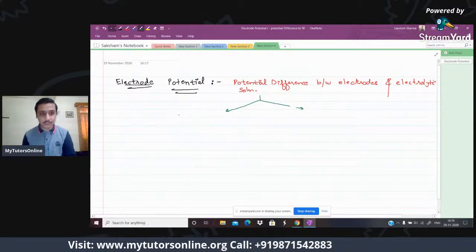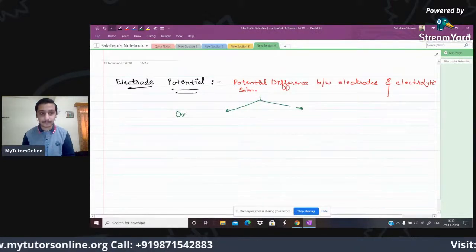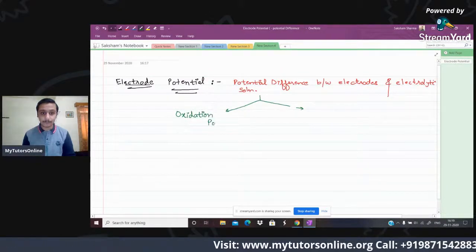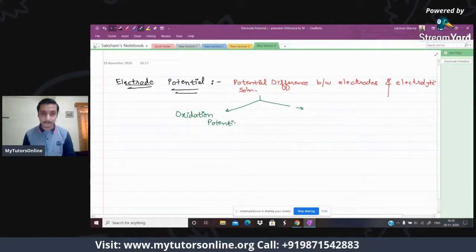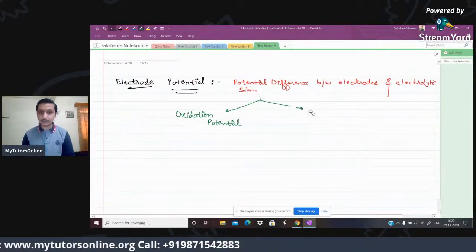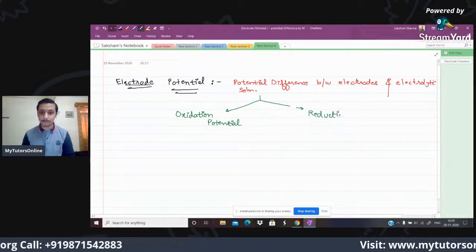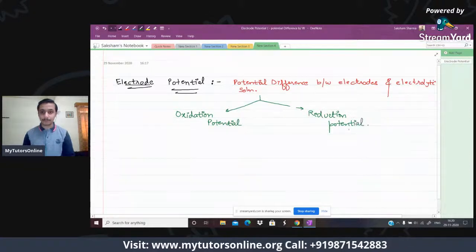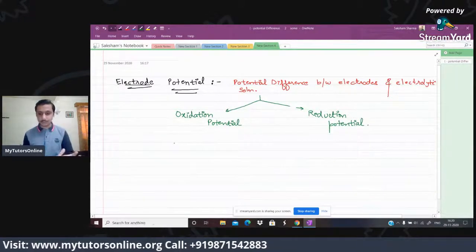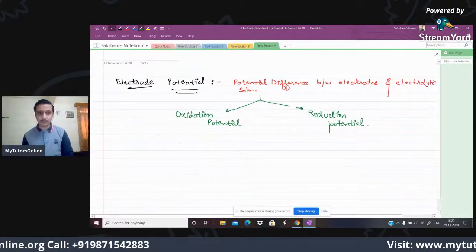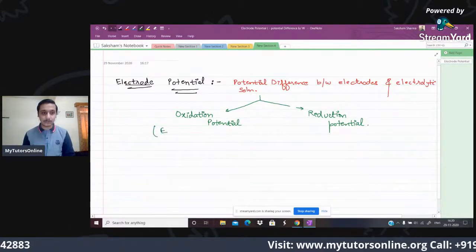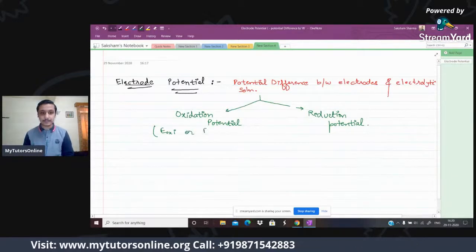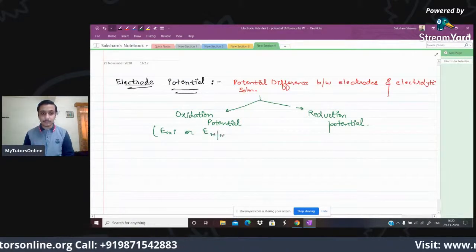You have your oxidation potential and you have your reduction potential. Your oxidation potential, E oxidation, you represent it as E M to M plus.